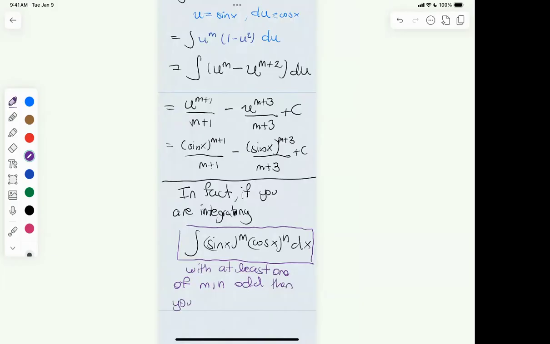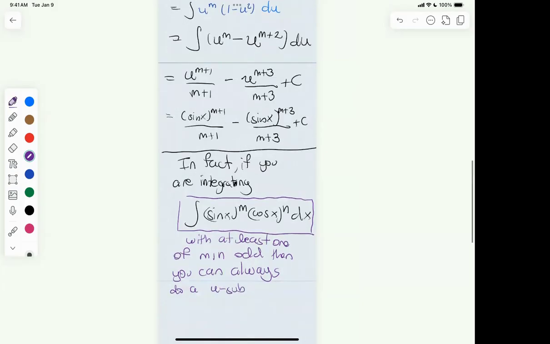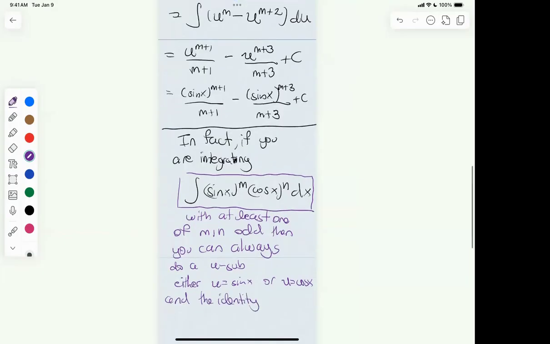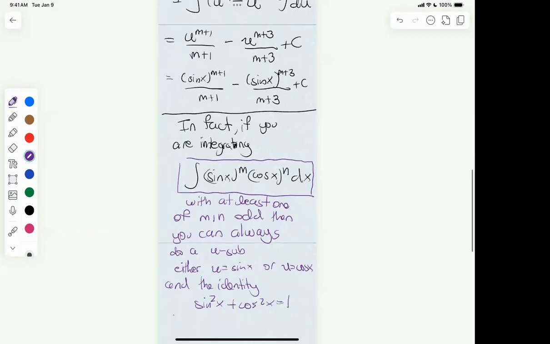You can always do a u sub, which would be either u equals sine of x or u equals cosine of x, depending on which one is the odd power, and the identity, to do the integration.